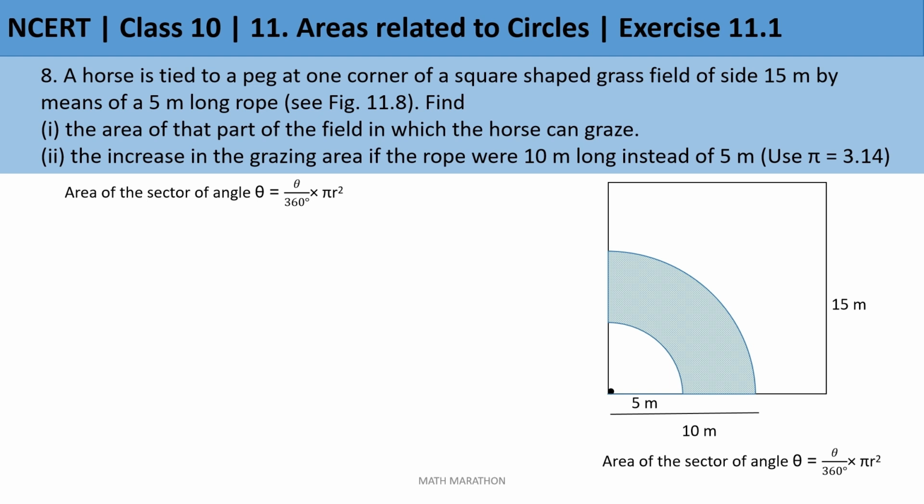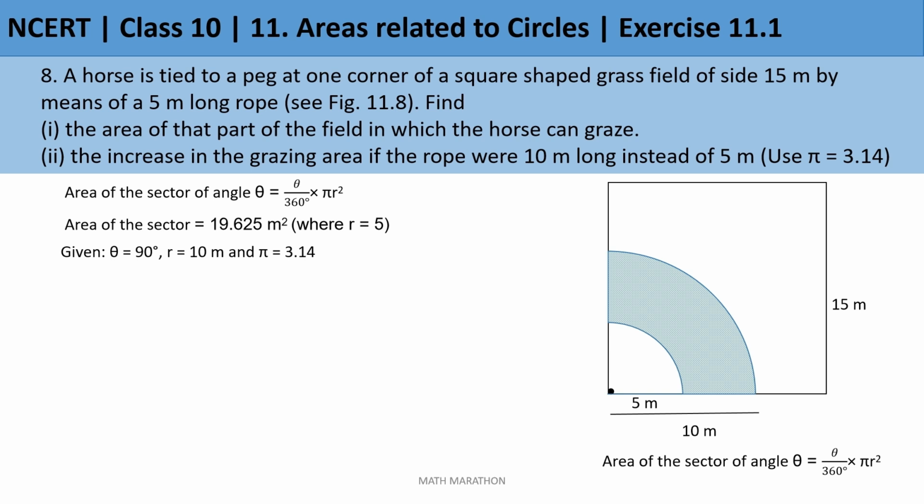Area of a sector is equal to theta by 360 multiplied by pi r square. From section 1, we know that area of sector is 19.625 meter square, where r is 5 meter. We have the following information. Grass field is square-shaped. So, theta is 90 degree.